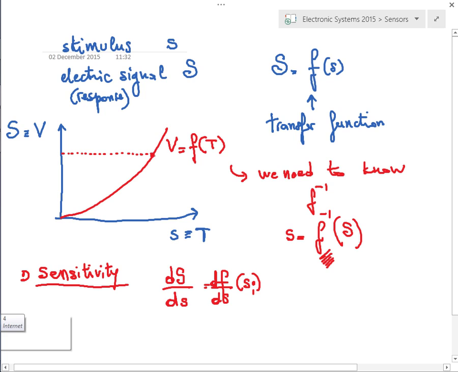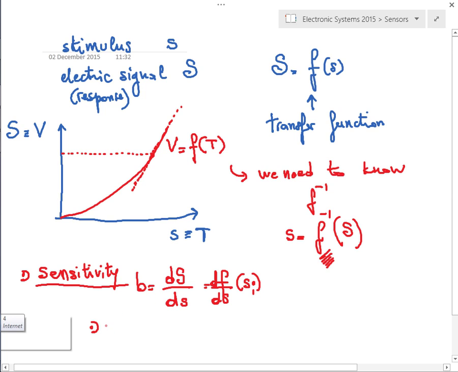So it would be, for example, in this case, the slope of the transfer function in the position corresponding to the value of the stimulus. Let's call it B. Okay.